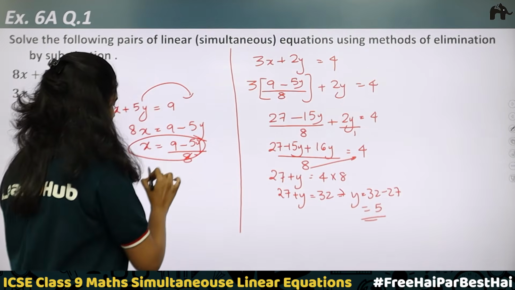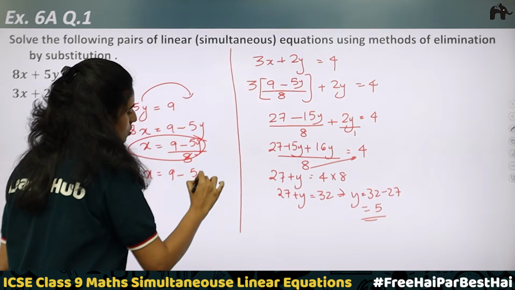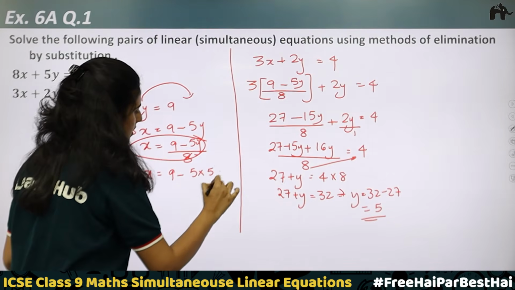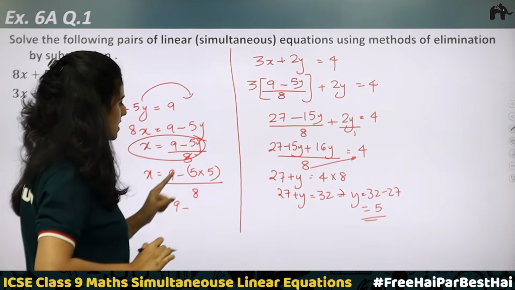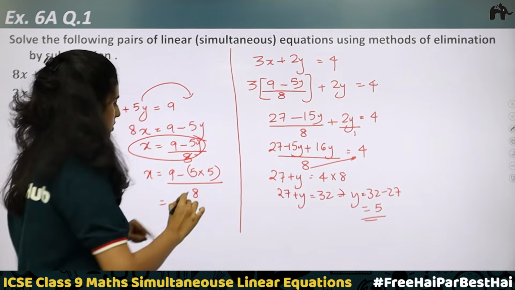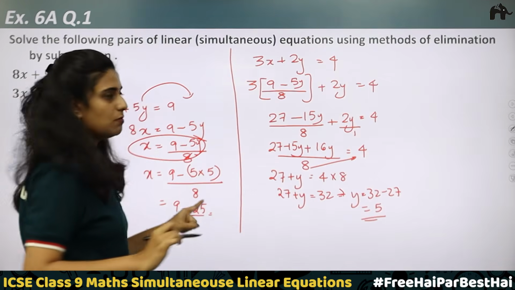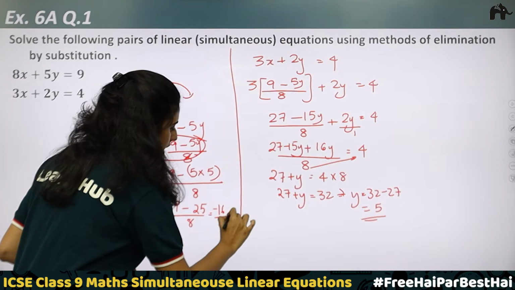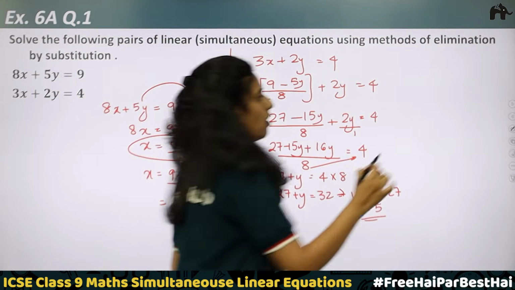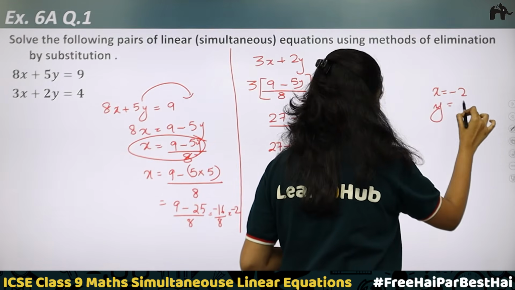Here we have x is equal to 9 minus 5 into the y value, which is 5, divided by 8, which is 9 minus 25 divided by 8. What is 9 minus 25? Minus 16 by 8, equal to minus 2. So the value of x is equal to minus 2 and the value of y is equal to 5.